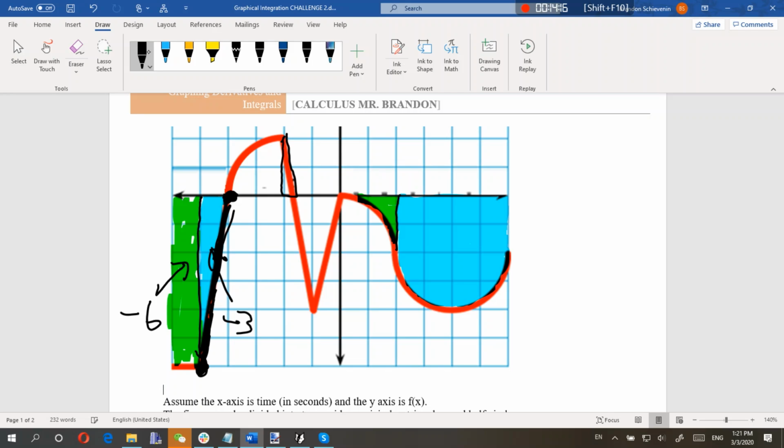It's a little bit hard to see because I've made these lines really thick so that we could see them in the display. But it should be connected, so I need to go all the way down to that red line. Then I've got this quarter circle here, which should be how much? Okay, that one's just pi, and that one's going to stay positive since we are above the curve.